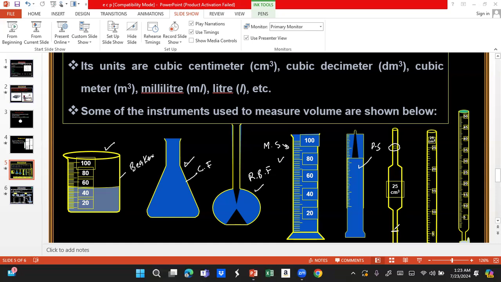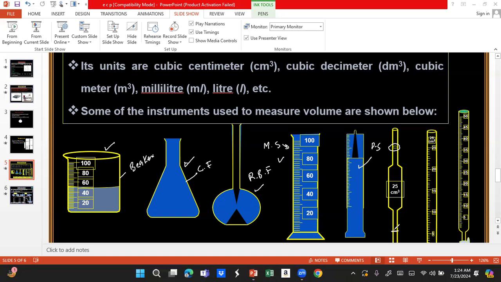So different pipettes have different ranges. It can measure 20, 25, 10. So the safety device we use with this pipette is the pipette filler.